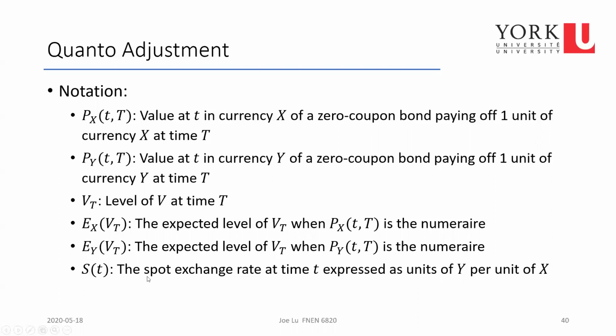And S is the spot exchange rate at time T, expressed as units of Y per unit of X. So the spot exchange rate expressed as units of X per unit of Y will be 1 over ST.